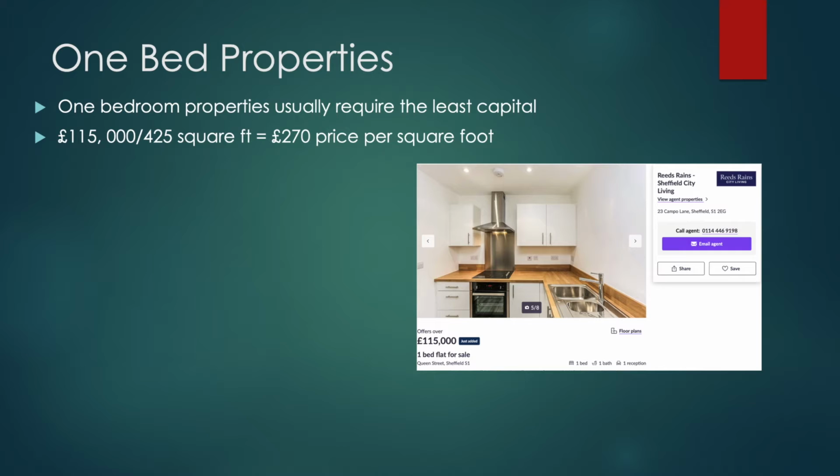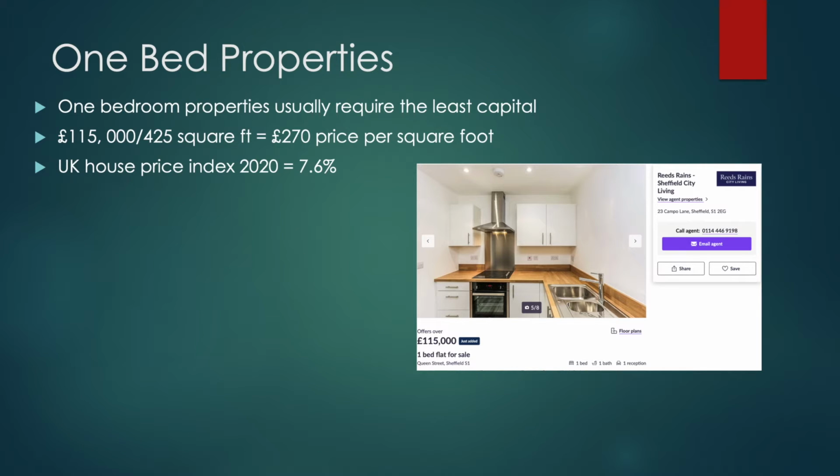So by dividing £115,000 by the total square foot that's within the property, it gives us a price of £270 per square foot. This can then be used to compare against other properties within the local area so that my client knows whether they're overpaying or underpaying for a property within that location.